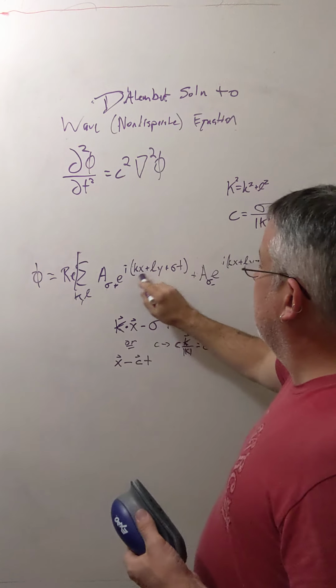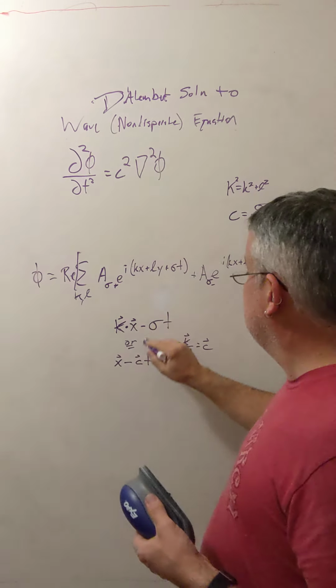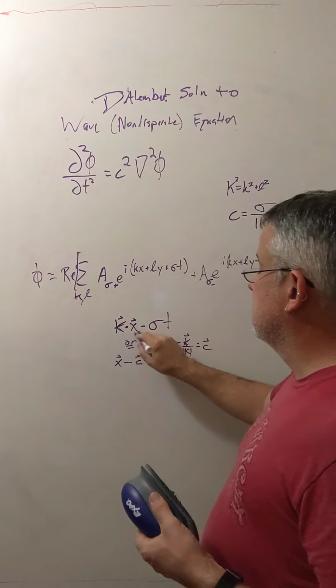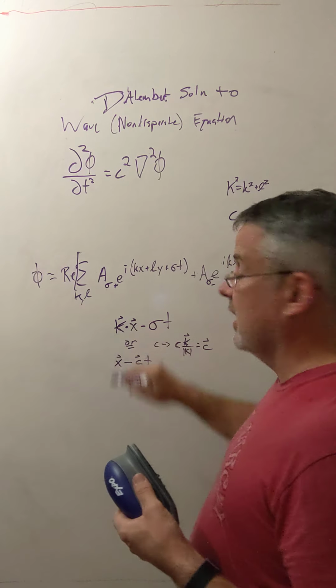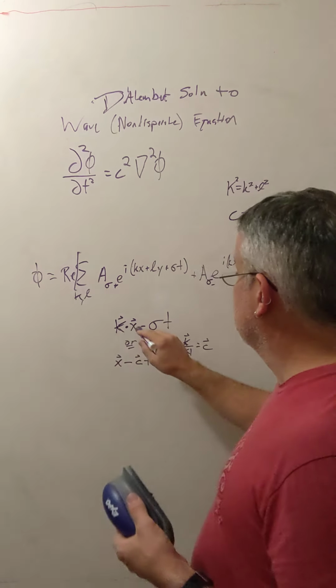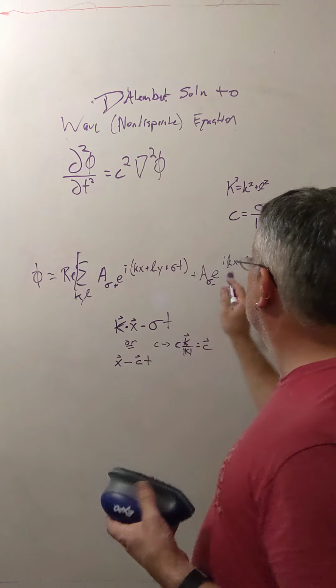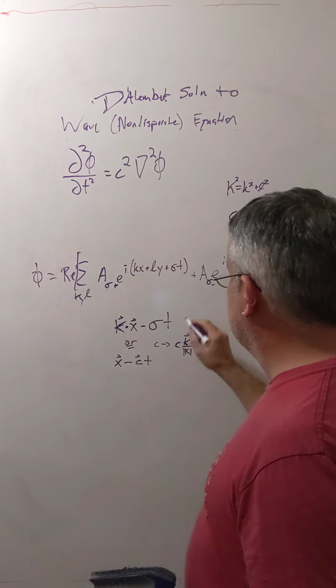So in this, we have kx plus ly plus sigma t, or minus sigma t. You can actually think of that as k, the wave number vector, dotted into x, the position vector, minus sigma t, or plus sigma t in the two cases.